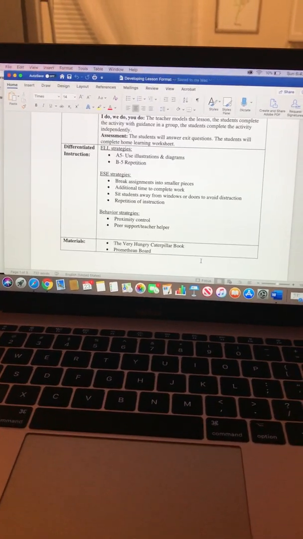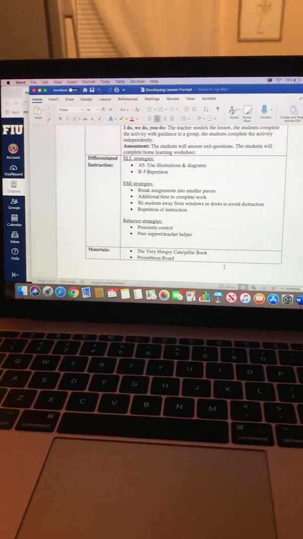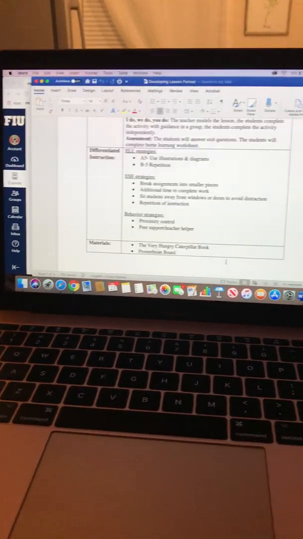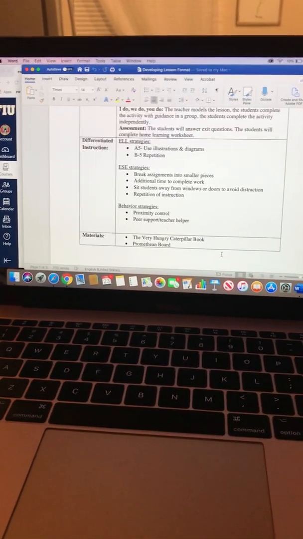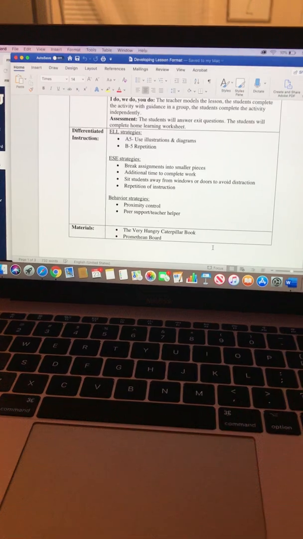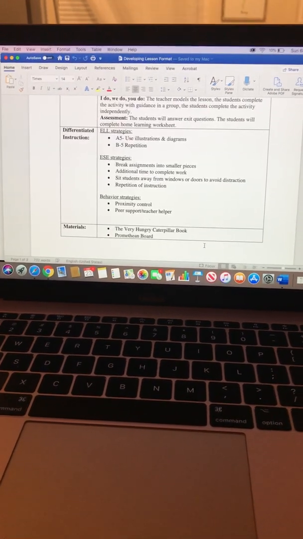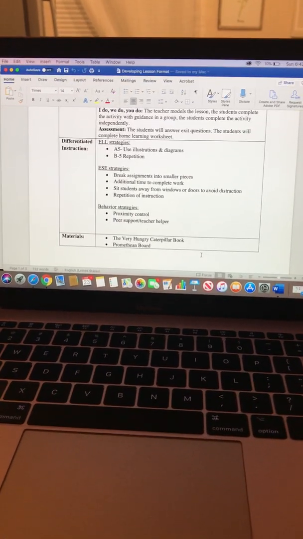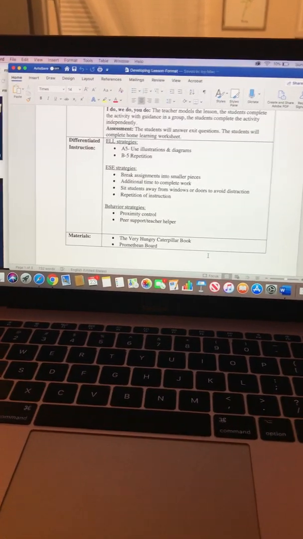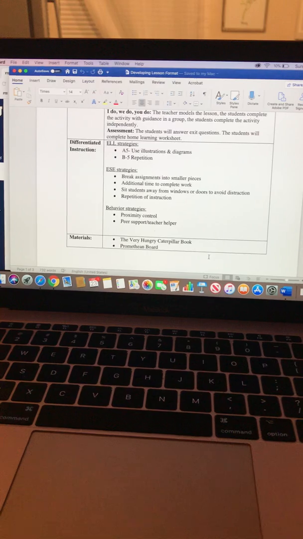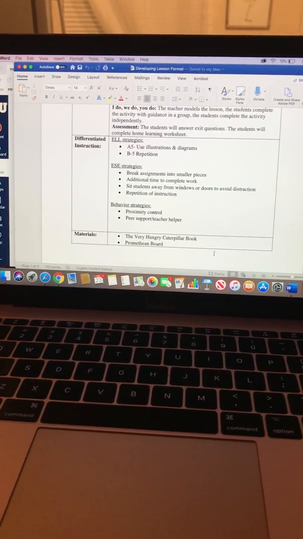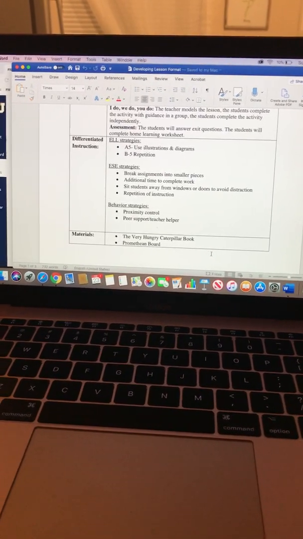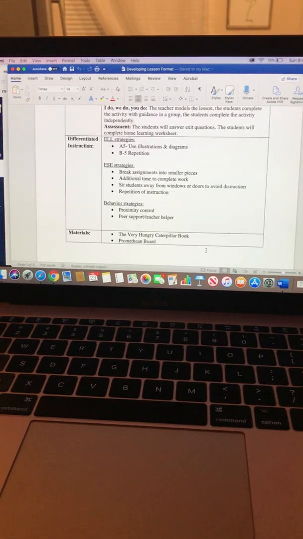These are great strategies that I use constantly in my classroom, and usually these ESE students have a 504 plan or an IEP, so those ESE strategies are given to you because they are made at the IEP or 504 meetings yearly. You would choose those different strategies that are given to you, and you would place them on your lesson plans.